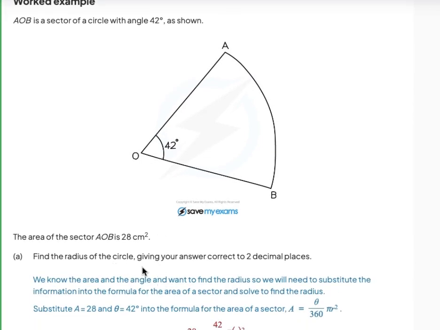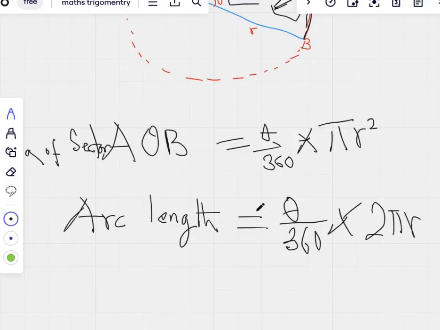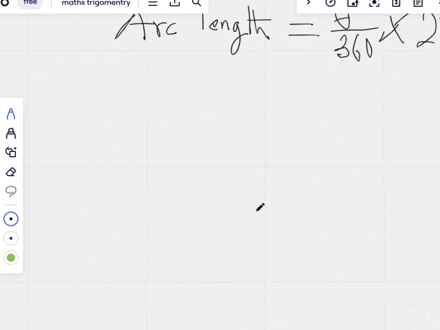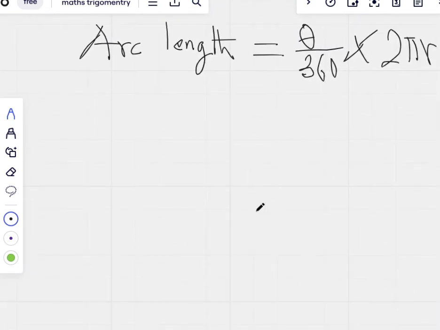Find the radius of the sector, giving your answer to 2 decimal places. They've given us the area, but they want us to find the radius. Sometimes they will give you the radius and want you to find the area. So you should be very conversant with how they play. No matter how they play, you should know how to play as well.